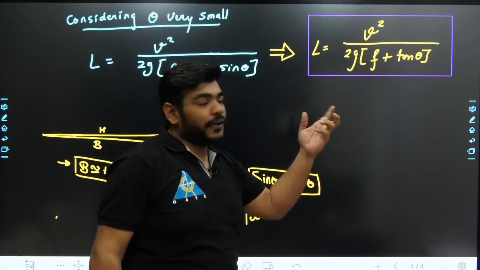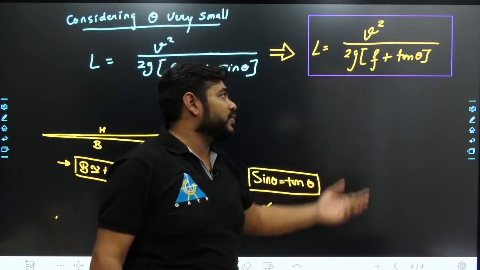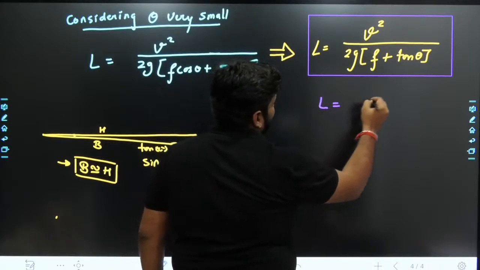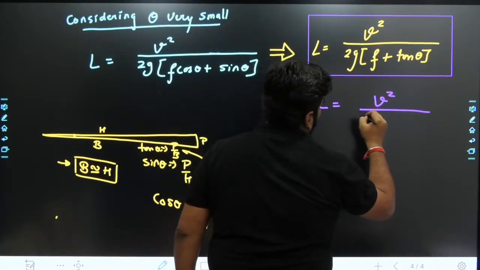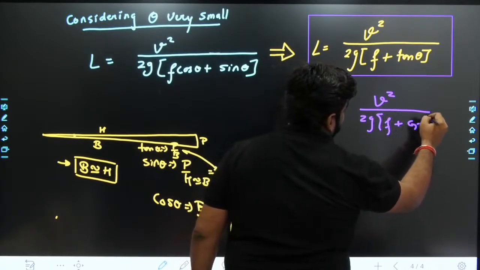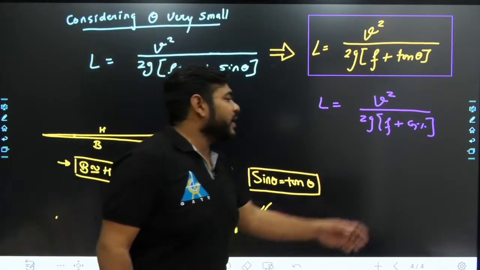For calculation purposes or for questions, you can write this expression as L equals V square divided by 2G times (F plus G%), and this G% is representing your gradient. Why am I taking it as G%?